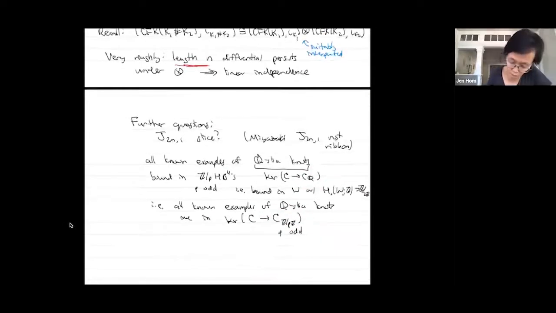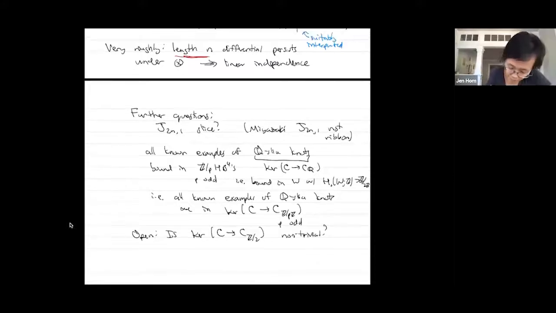And so some open questions. Well, is the kernel from the concordance group to C_{Z/2} non-trivial? Or you could look at the kernel from the concordance group to things that are slice in integer homology balls.